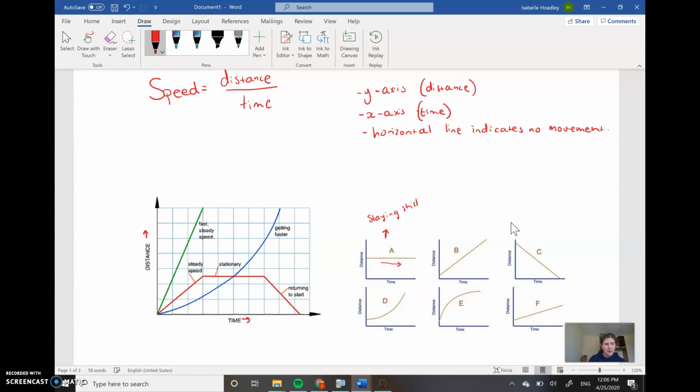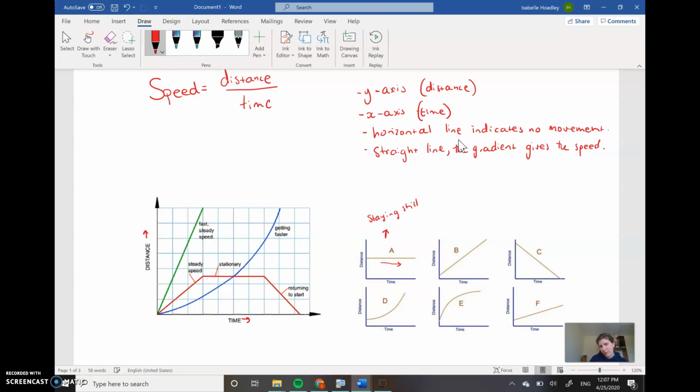Now here we can see this one, B. We've got increasing distance with increasing time. It's a straight line, so that increasing distance compared to time is the same every time. So for a straight line, the gradient of the line gives the speed.